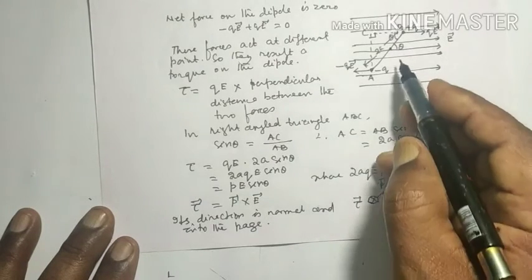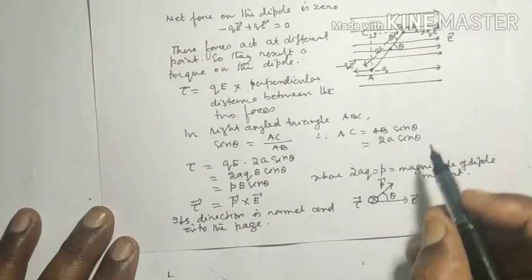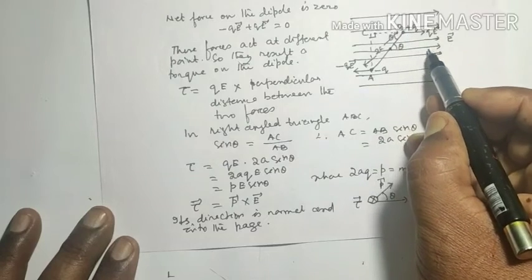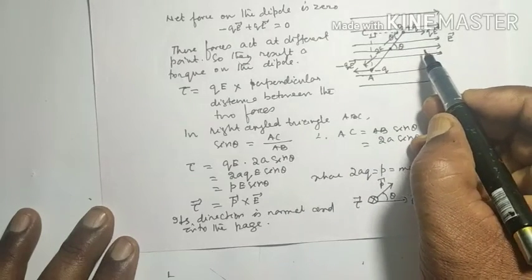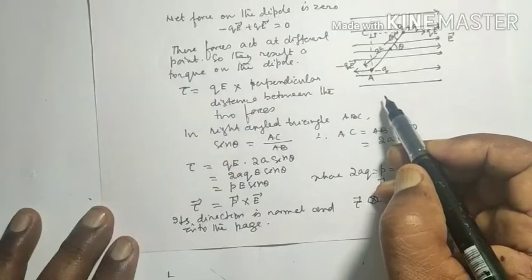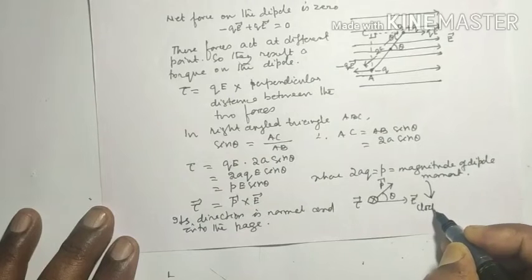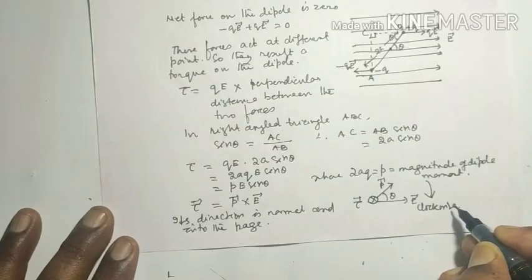The torque acting on the dipole tends to rotate p in the direction of E vector, thereby reducing theta. So in such a figure, the rotation is clockwise.